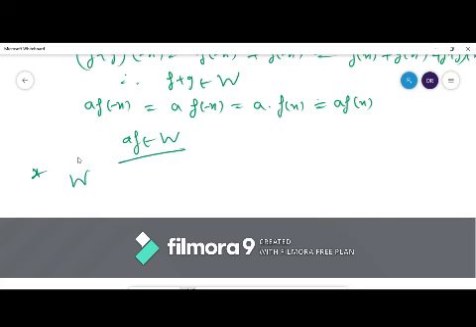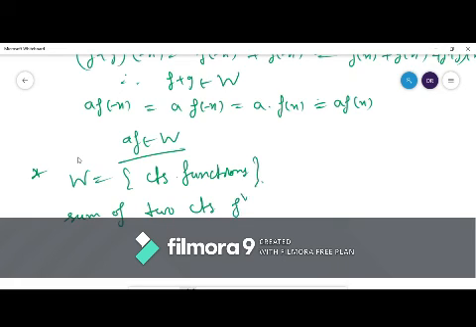Next one is: if W is the set of all continuous functions, we know that the sum of two continuous functions is again a continuous function.